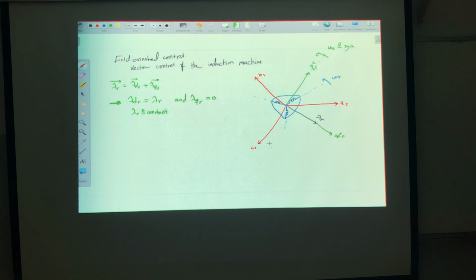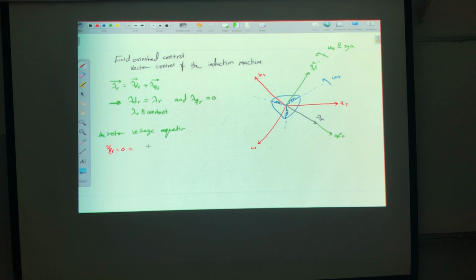Now, let's start with the rotor voltage equation. You know that VQR was equal to what? Zero.